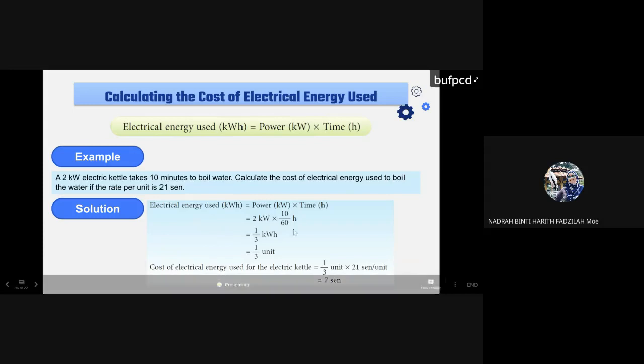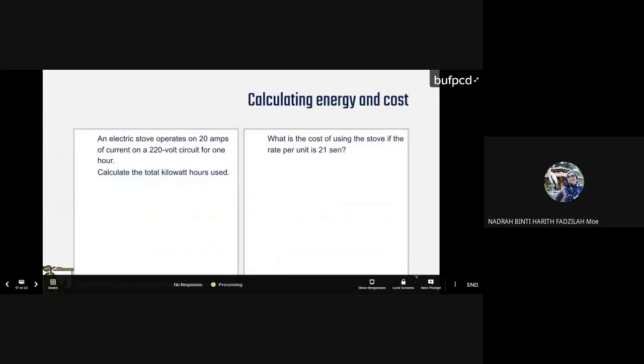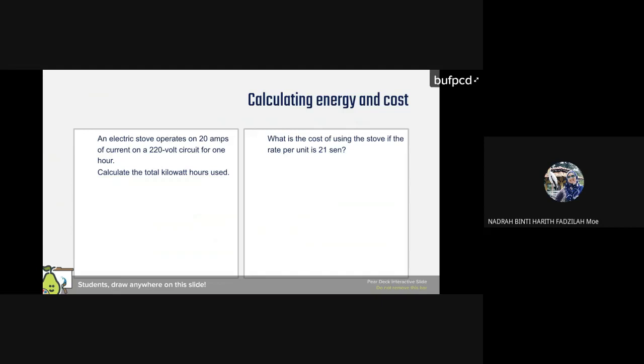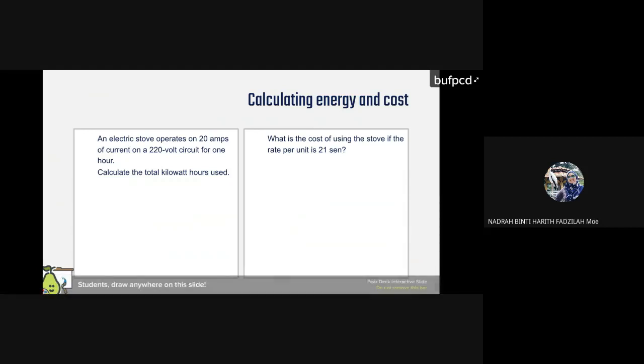So for example, let's try this particular question. Jom kita cuba soalan ni, soalan electric stove ni. I will change it to student pace in case you want to refer to the previous slide ya. Macam mana nak kira.